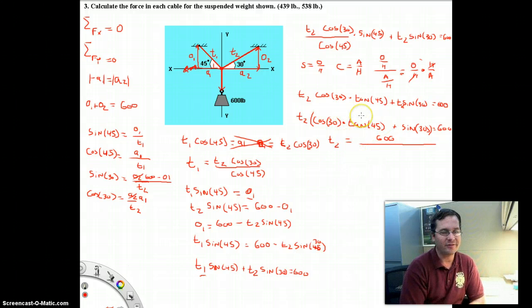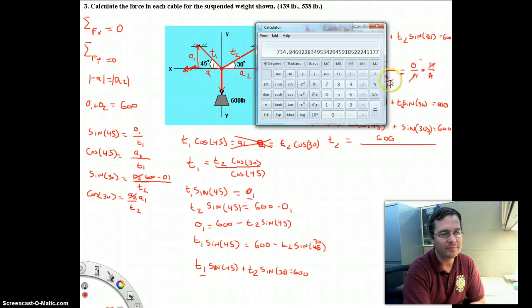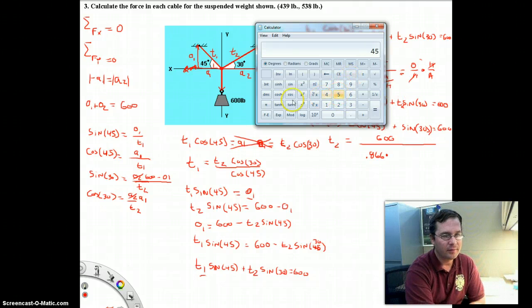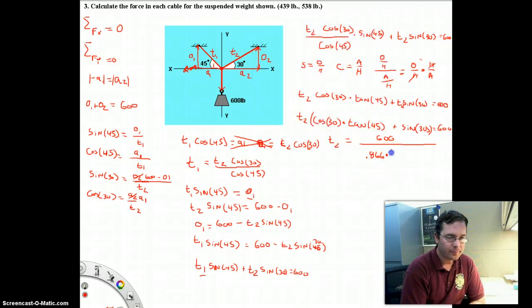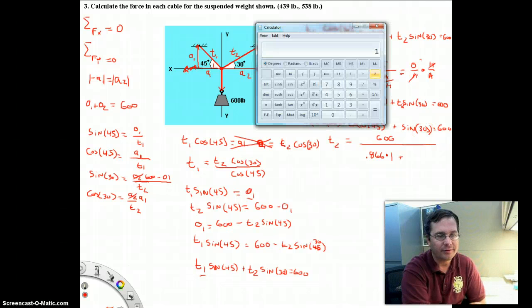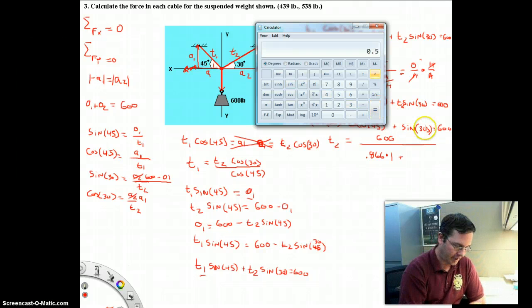Well, let's simplify some of this. Let's find out what the cosine of 30 is. So 30 cosine. It's about 0.866. Times the tangent of 45 degrees, which should be 1, which it is. Okay. Plus the sine of 30 degrees is 1/2.